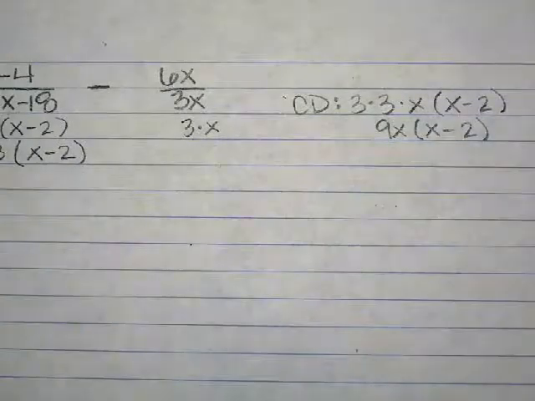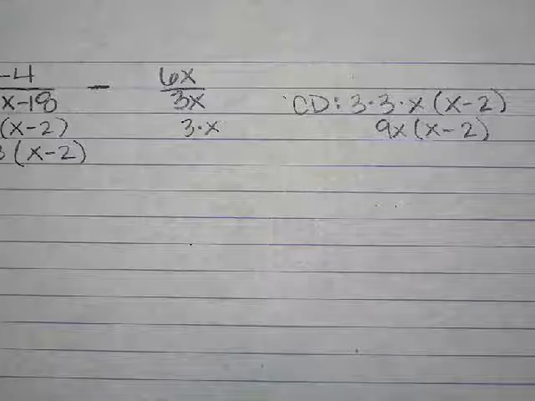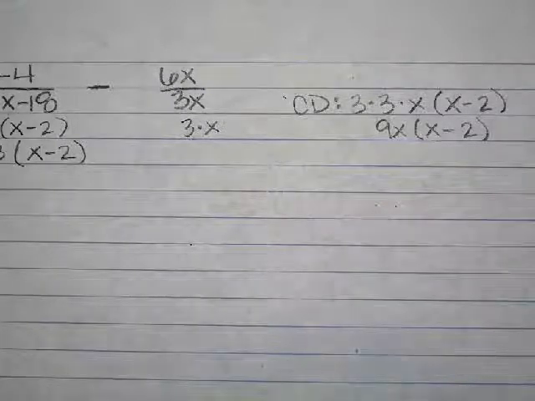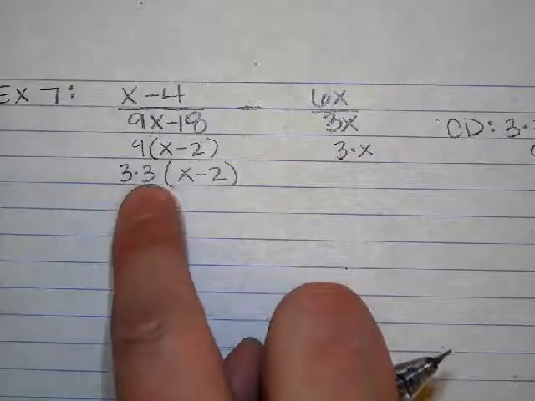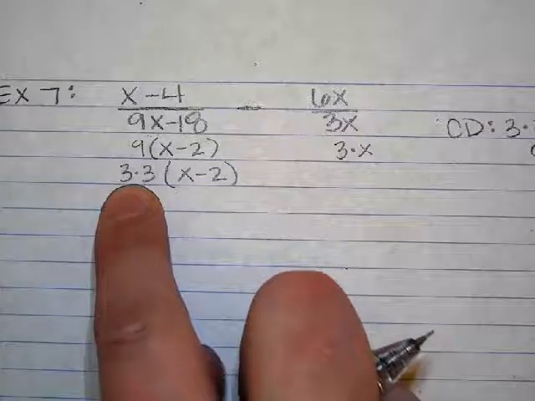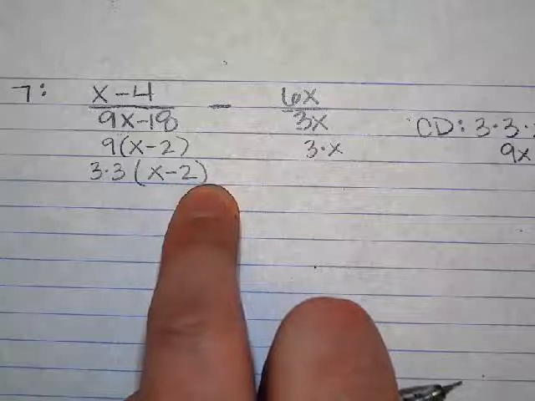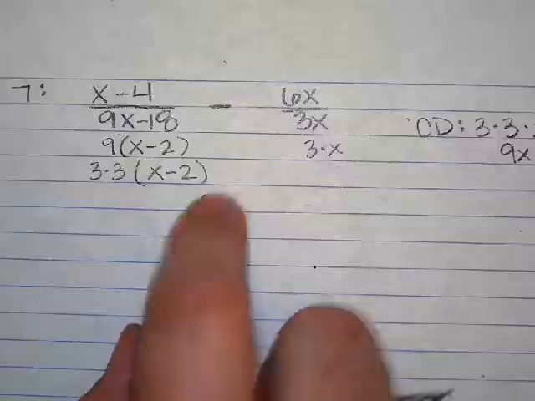It's going to be 9x(x minus 2). So if we look at this denominator right here, we've got the 9, we've got the x minus 2. What are we going to need? We're going to need the x.